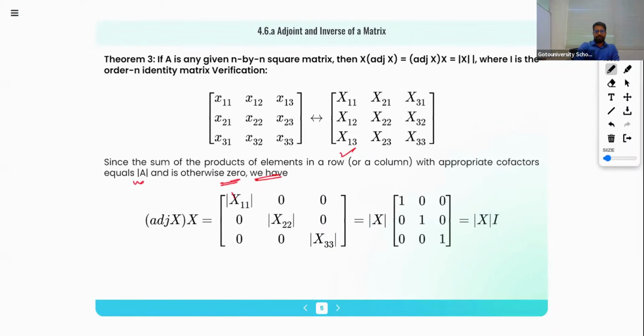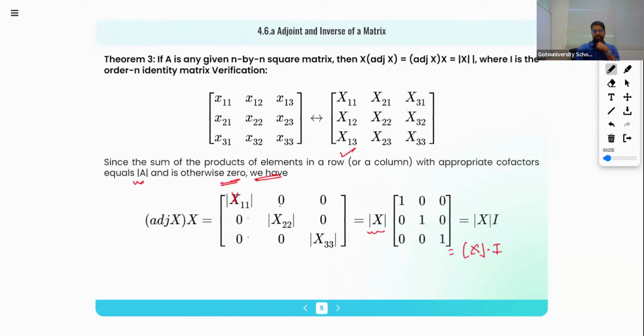This is cofactor of 1 and 1, so if all the other non-diagonal elements are 0, 0, 0, then we can take this example directly. Adjoint: all the other values are 0, only the diagonal elements have the values. Then we can take that value common if they're all equal, and we'll be having an identity matrix. So it is also equal to this.